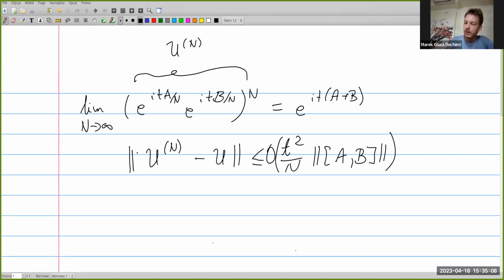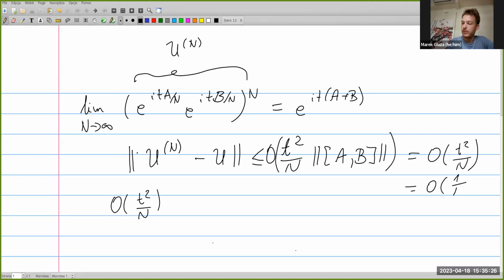O of t over n, and if I write O of t squared, in this case I would also write O of t squared over n, and sometimes we would also write O of 1 over n.